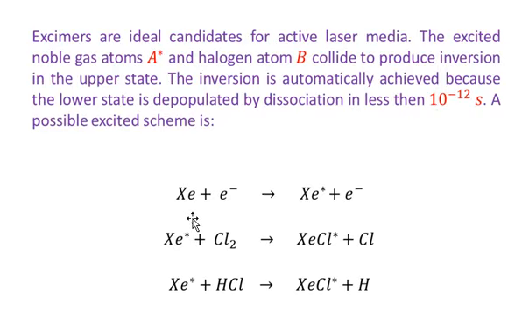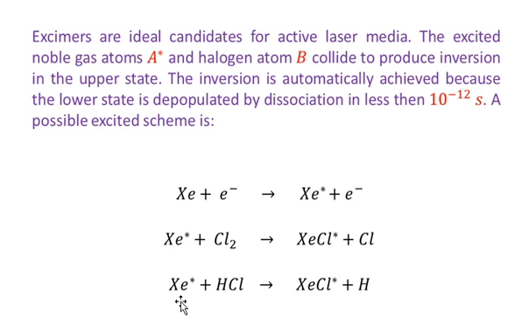For example, xenon plus an electron will form xenon in the excited state, and again an electron with lower energy. So this is the xenon in the excited state colliding with a chlorine molecule to produce xenon chloride in the excited state plus a chlorine atom.